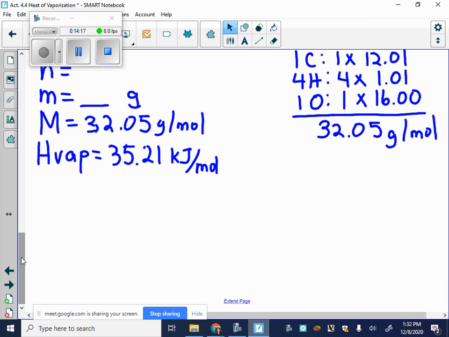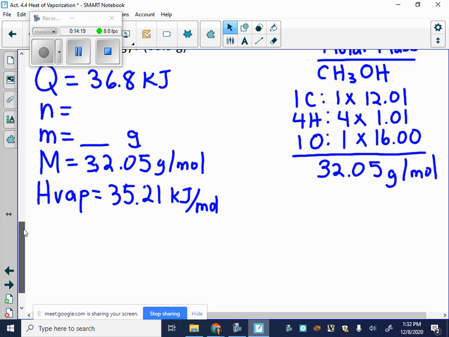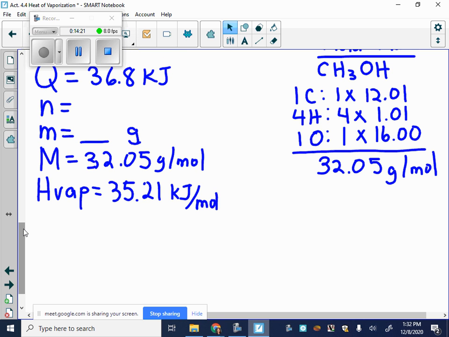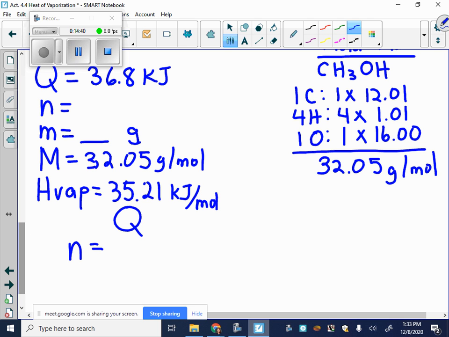So we have a lot of information here. We have to find mass, but we can't find the mass this way. We're actually going to have to use this formula first. Number of moles is Q divided by HVAP.